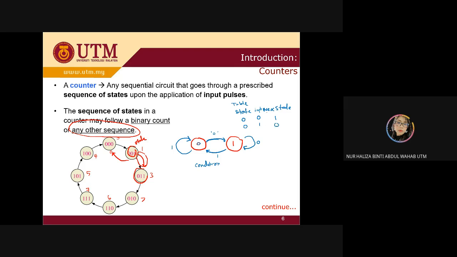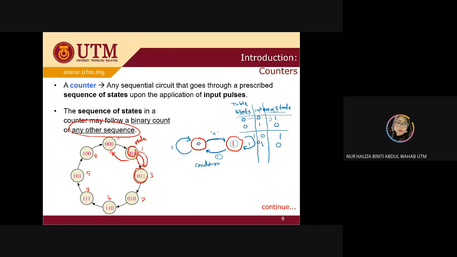This is your next state. After that, if you are at state 1 and have input 0, you're going to remain 1. If you are at state 1 and have input 1, you're going to go to 0. So this is the view.